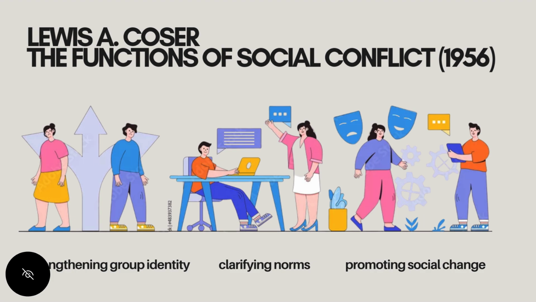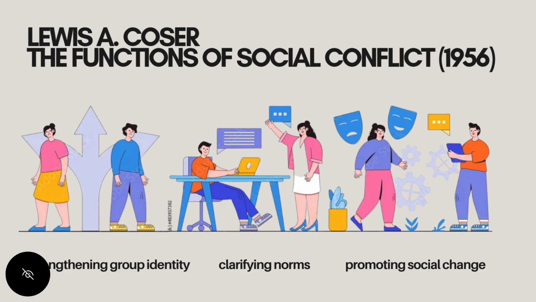Thirdly is Coser's The Functions of Social Conflict. And his theory was looking at conflict as necessary and productive. It strengthens group identity, clarifies the norms, and promotes social change. On page 154, he states, conflicts, rather than being disruptive and dysfunctional, can be a means of preventing the ossification of the social system by exerting pressure for innovation and creativity.